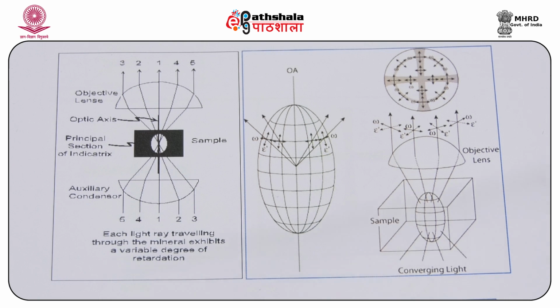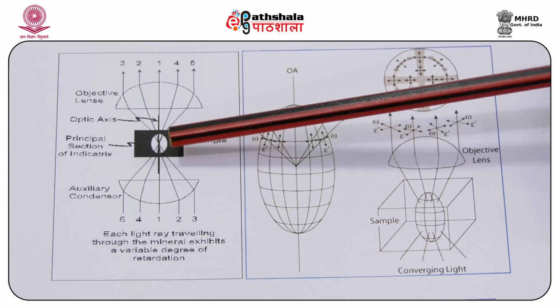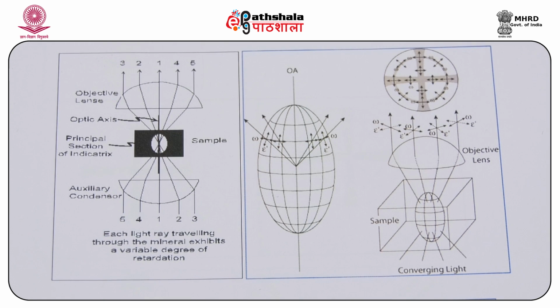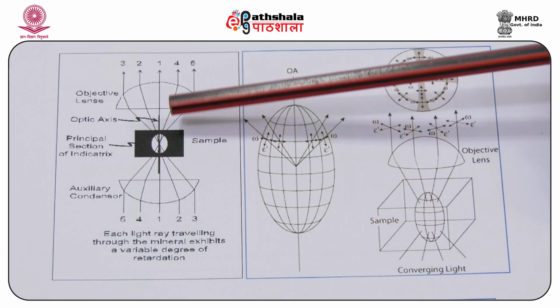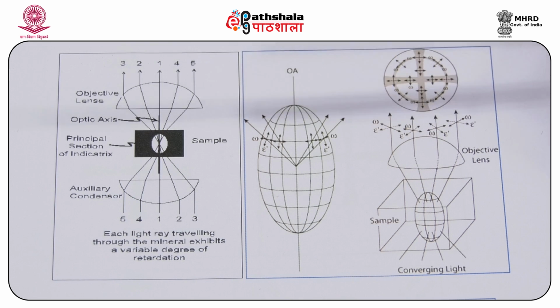As you can see here, ray of light 1, which is parallel to the optic axis of the crystal, will not get split into two rays, will exit with minimum or zero retardation, and as such will exit parallel to the optic axis.